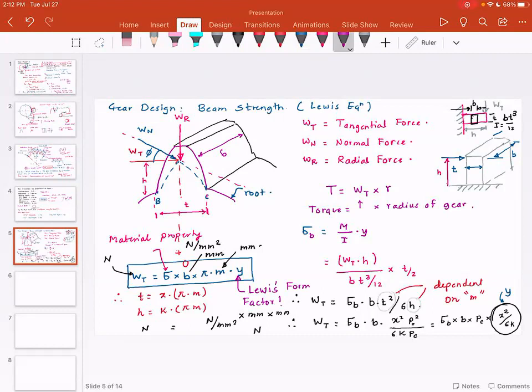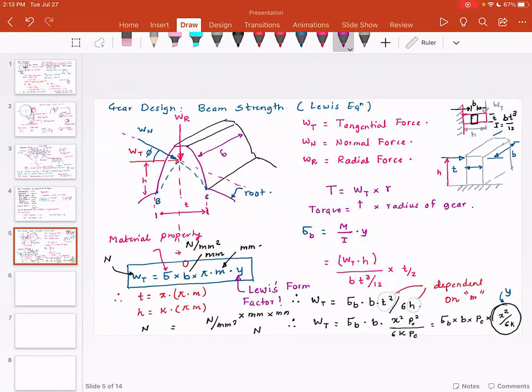Lewis form factor is sort of a correction factor because our gear tooth has this involute profile. Since the gear tooth is not a rectangular beam, we have this Lewis form factor that compensates for the change in the cross section, from uniform cross section to uniformly varying cross section.